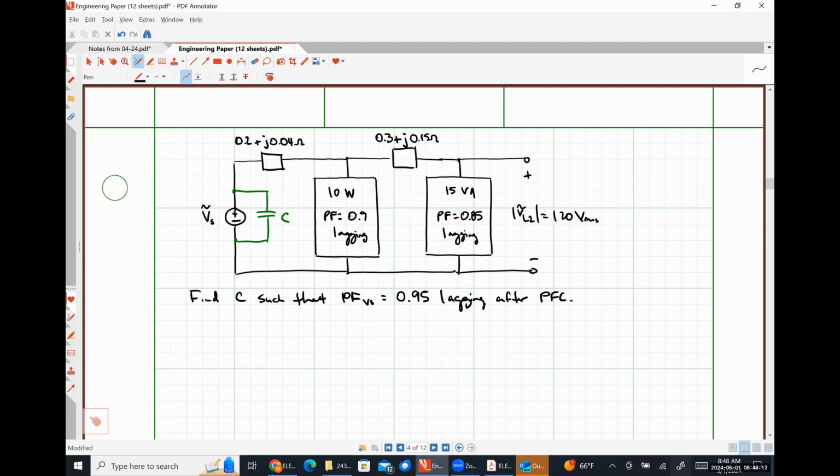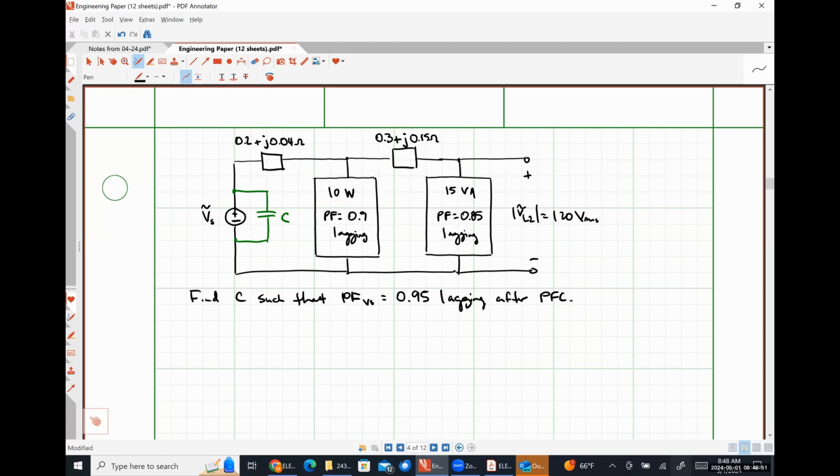So this problem is kind of tying everything that we've talked about over the last couple of days together. I want you guys to notice here that I explicitly did not tell you what that voltage Vs is. Ultimately, the only thing that we're going to need to use that value for is knowing what its magnitude is in our capacitance calculation, okay?